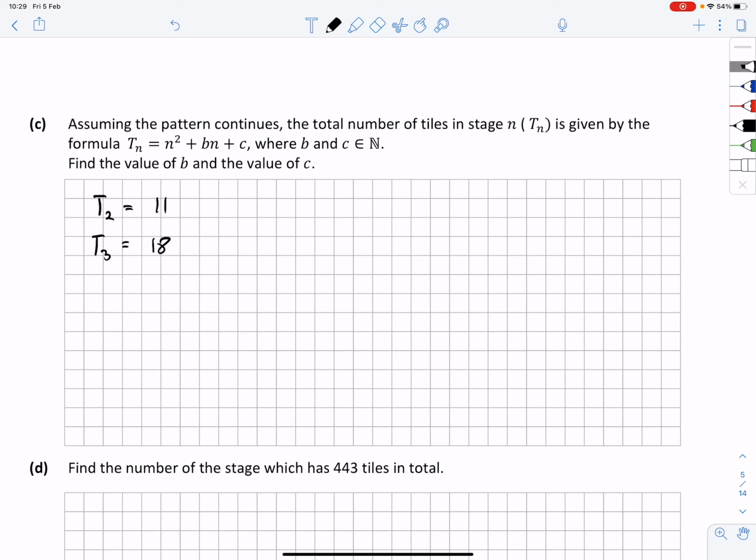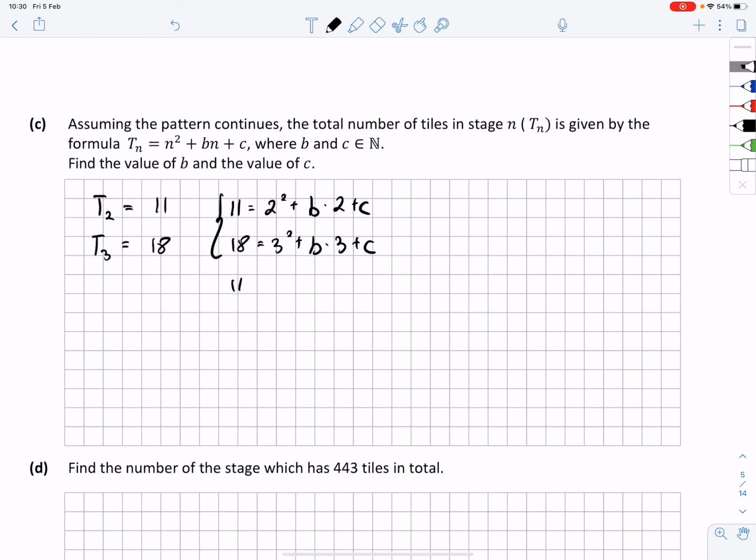So I can use those two facts to form a set of equations. So 11 equals 2 squared plus b times 2 plus c. Also 18 equals 3 squared plus b times 3 plus c. Let's simplify this. This is my system of equations.